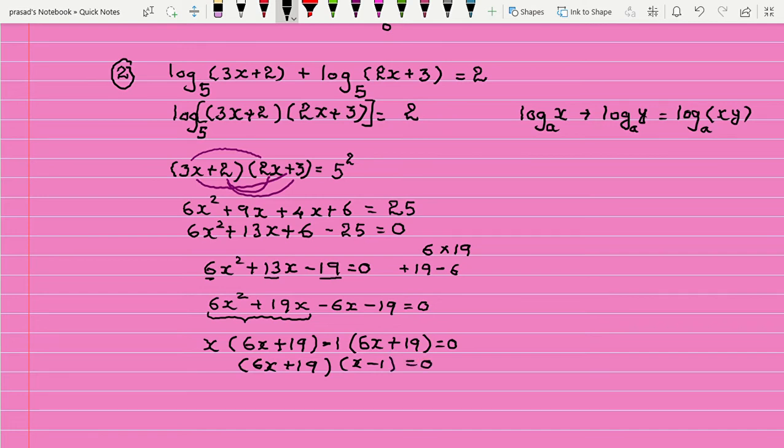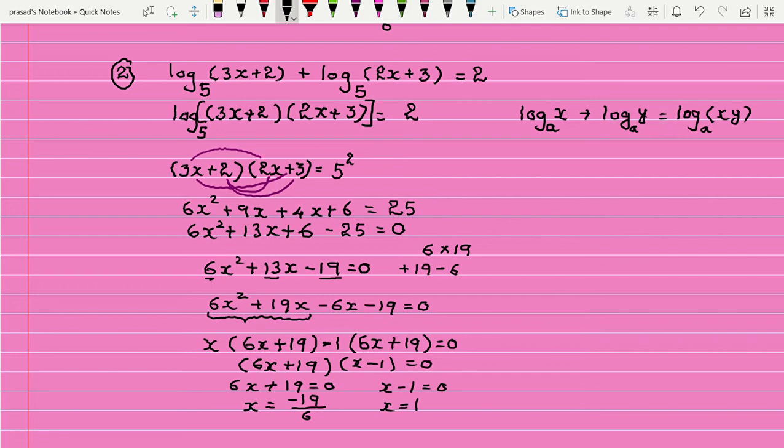Now equate each of the factors to 0, so you will get 6x plus 19 equal to 0, which gives you, after solving, x is negative 19 upon 6. And when you equate x minus 1 to 0, you will get x is equal to 1.